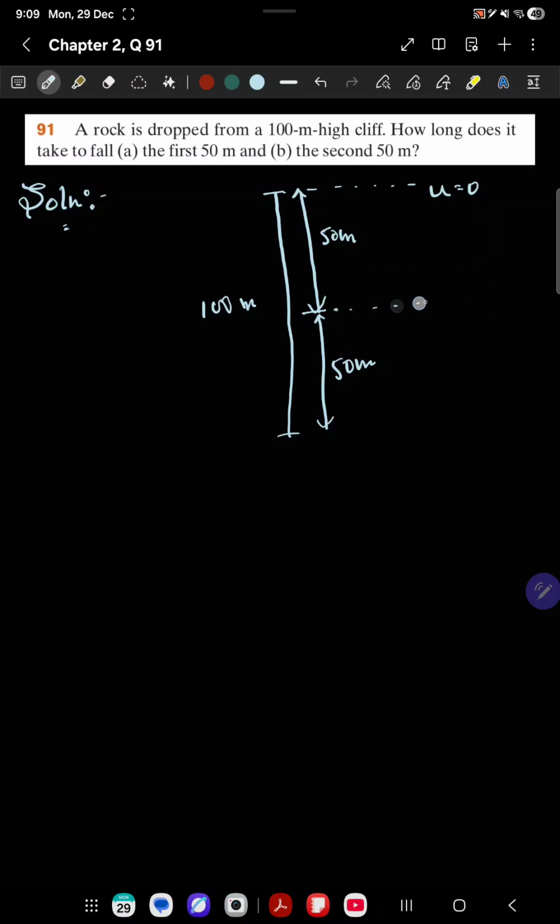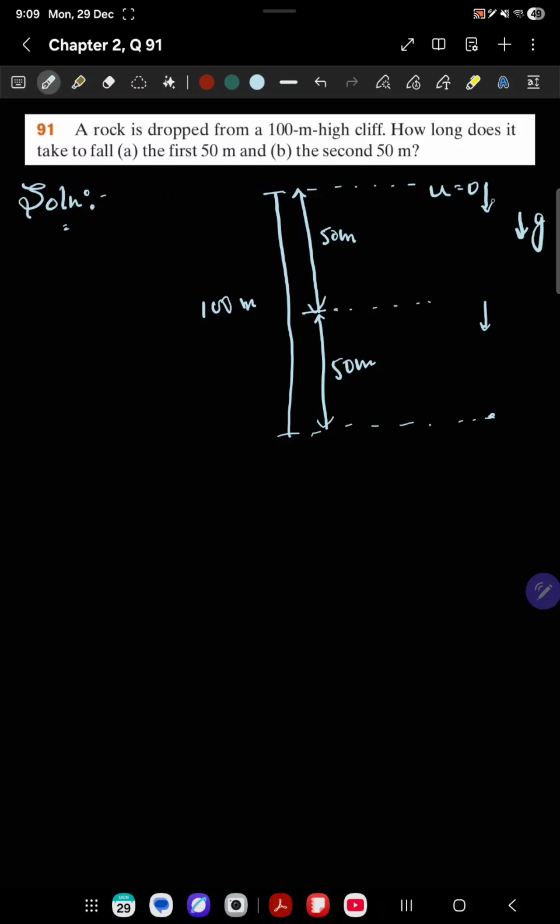Assume that while falling, the direction of gravity is downwards, and the rock is also falling from here to like this, and finally it will cross this 100-meter mark at this point, right?